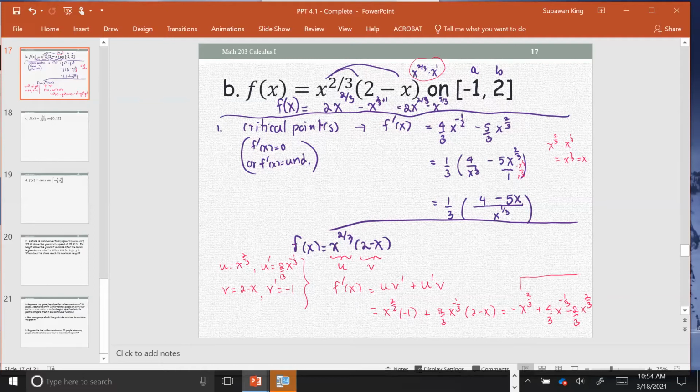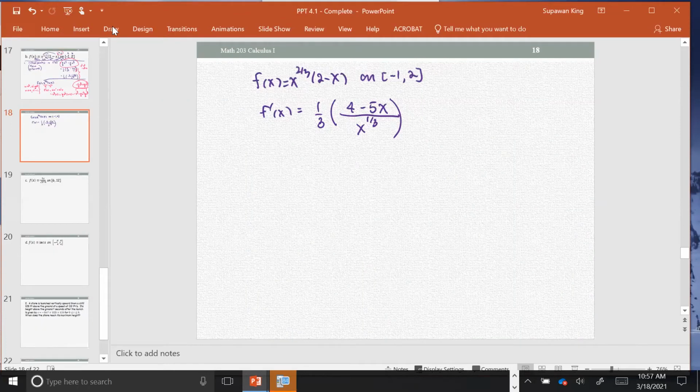Now you see like terms here, which is negative 1 minus 2 over 3 becomes negative 5 over 3 x to the 2/3 plus 4 over 3 x to the negative 1/3. You get the same derivative eventually. So from the two cases, to find the critical point, f prime equals 0 and f prime undefined.